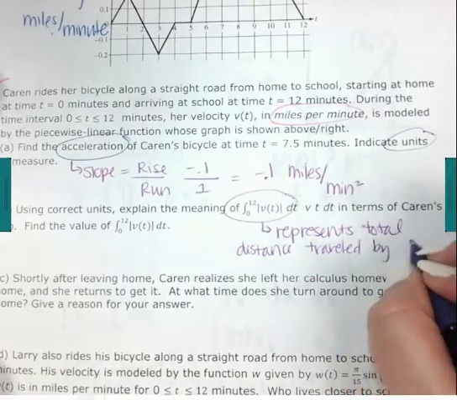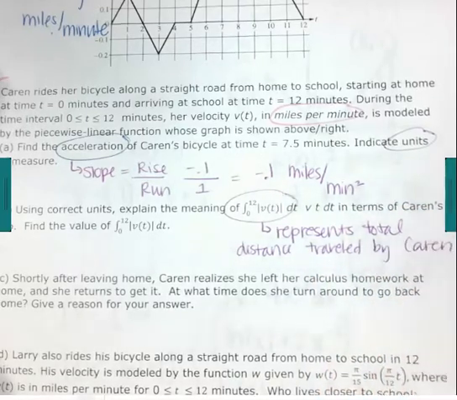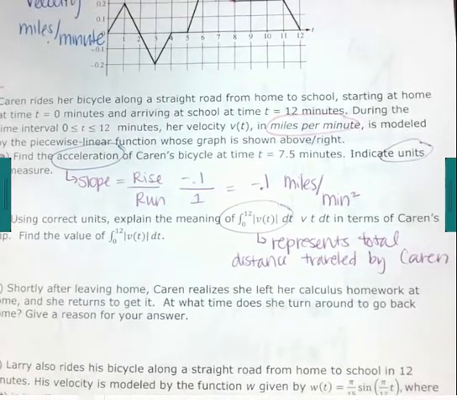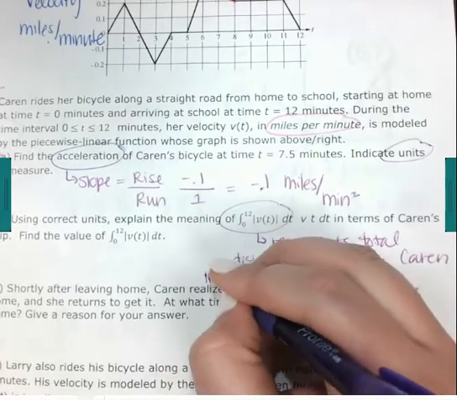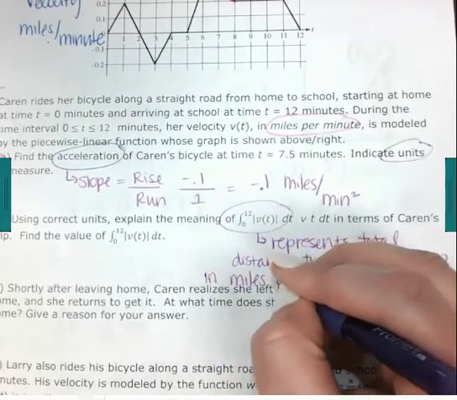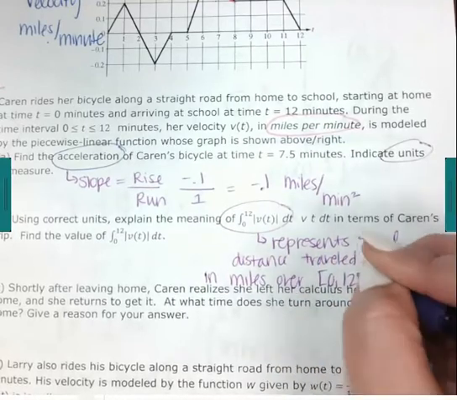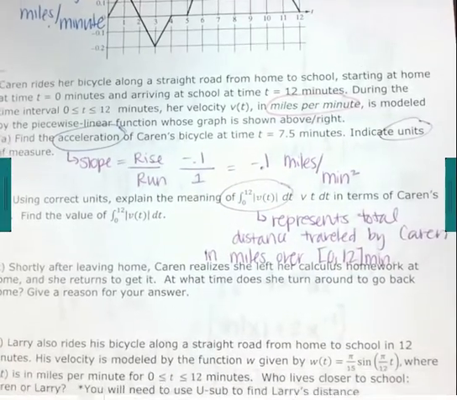Okay, by Karen. What is it measured in? Distance isn't measured in miles per minute. Okay, in miles. Perfect. Okay, over 0 to 12 minutes.